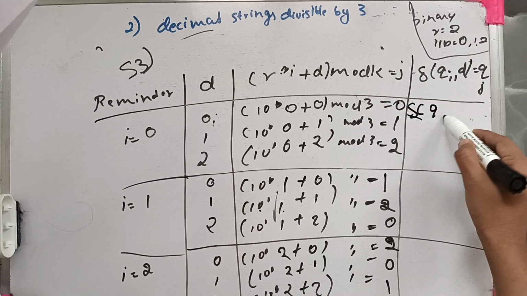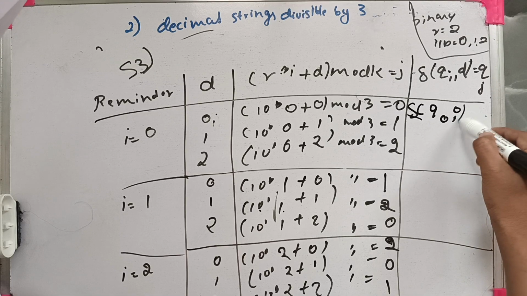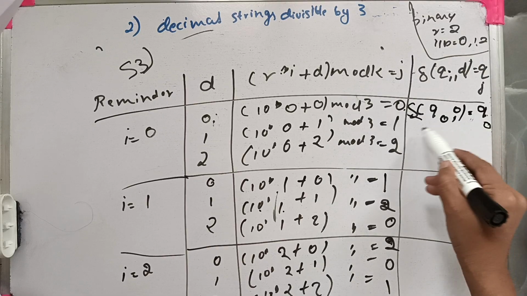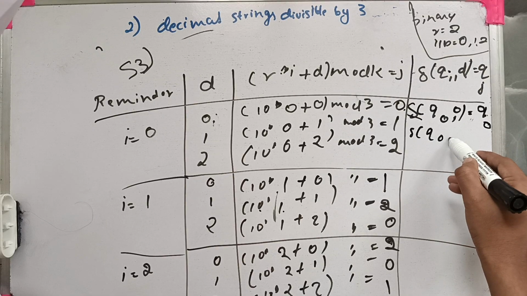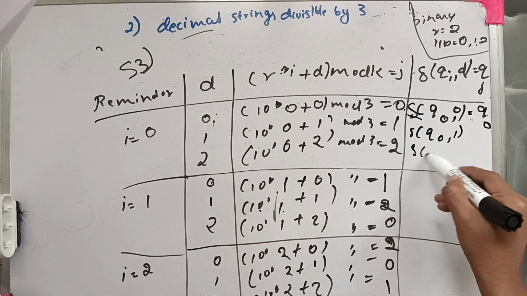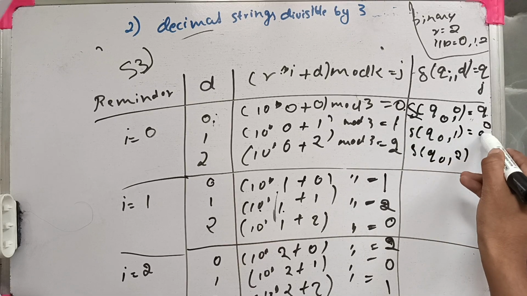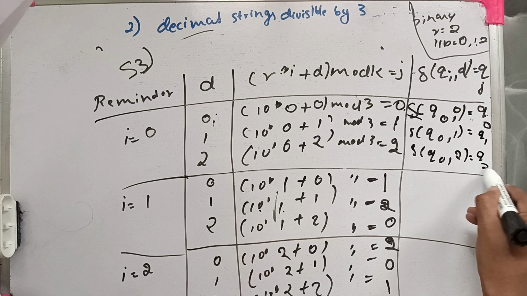Next, what is Q? i is 0, then d is 0, then the final state is Q0 here. In the same way Q0 1 here, Q0 and 2. The final states are Q1, Q2, Q1, Q2.